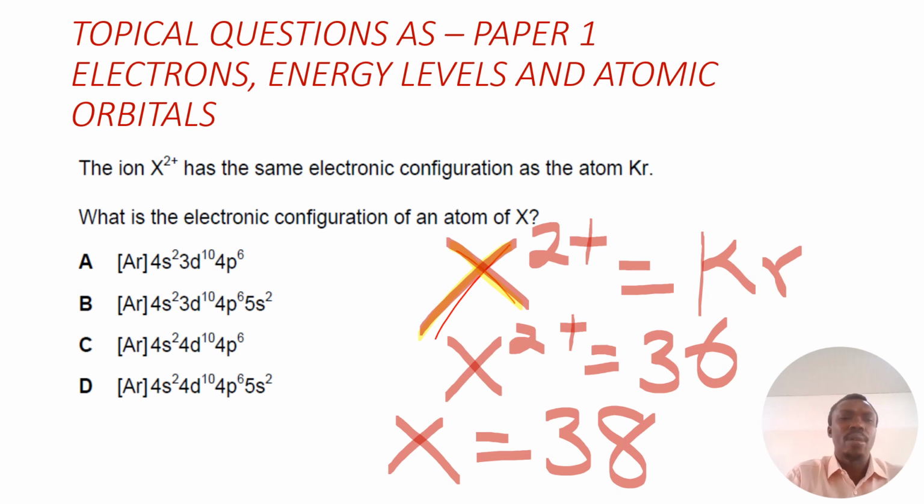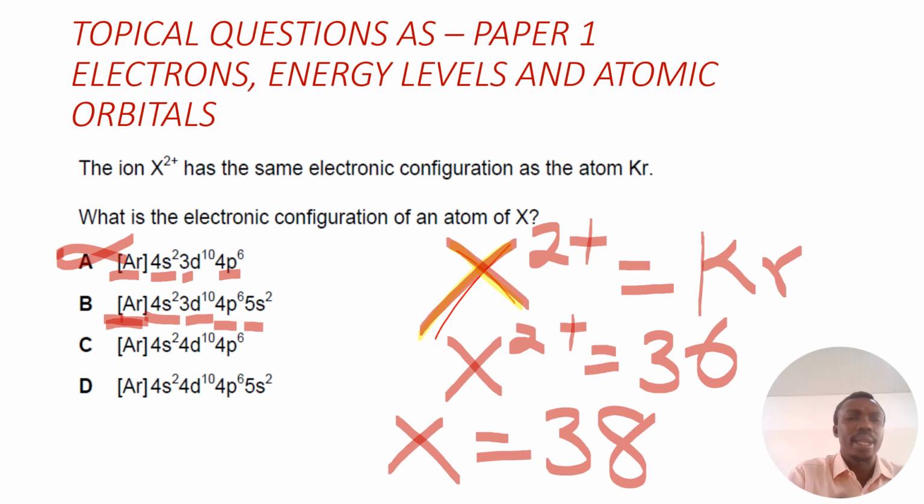So now we'll check the one that has an electronic configuration of 38 and follows the Aufbau principle. Now if you look at A, argon is 18 plus 2, 20 plus 10, 30, 36. So A is not the answer. Then if you look at B, argon is 18 plus 2, 20 plus 10, 30, then 36, then 38.